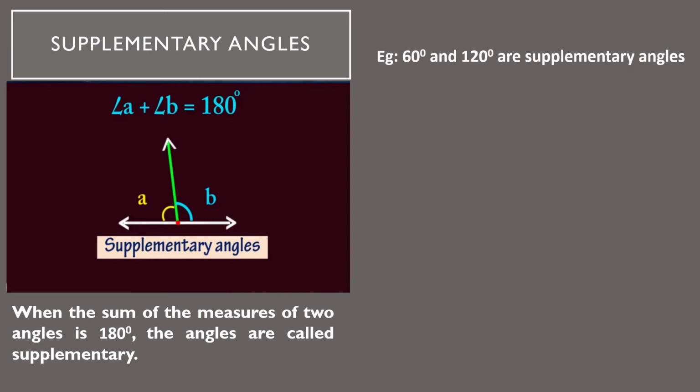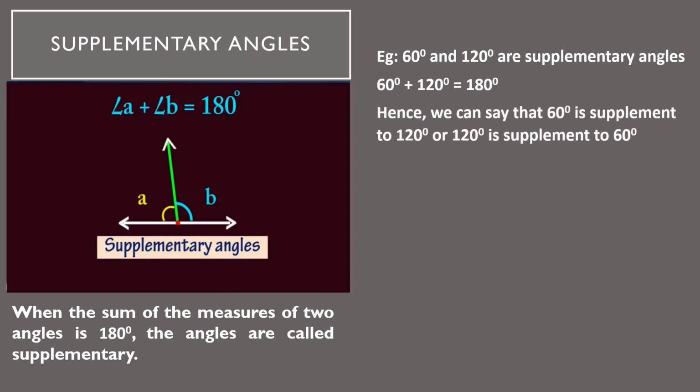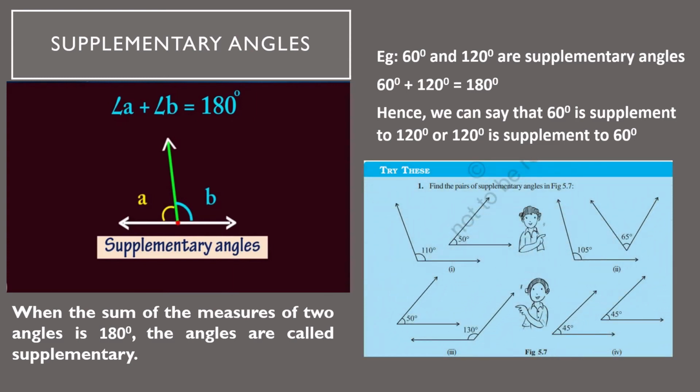For example, 60 degrees and 120 degrees. The sum of 60 and 120 is equal to 180. Therefore, we can say that 60 degrees is the supplement of 120 degrees, or 120 degrees is the supplement of 60 degrees, since 60 plus 120 is equal to 180 degrees.